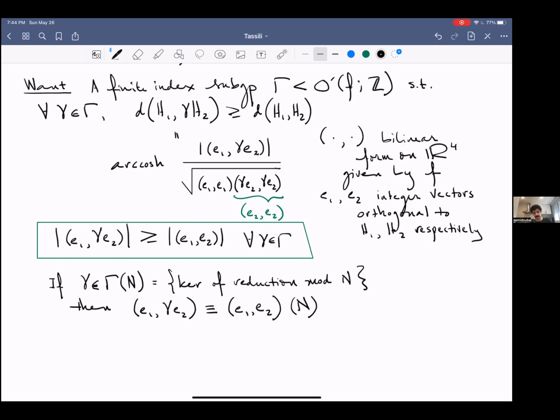So if I make n huge, then I can certainly always ensure this. Is that clear?